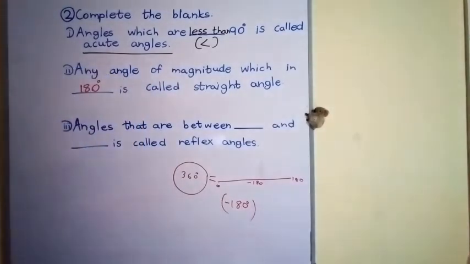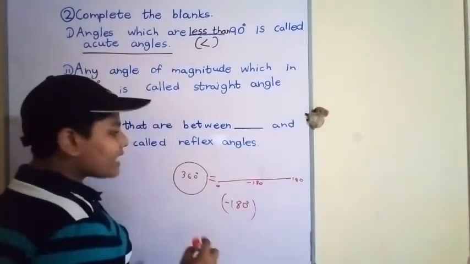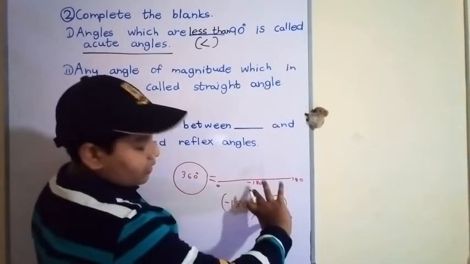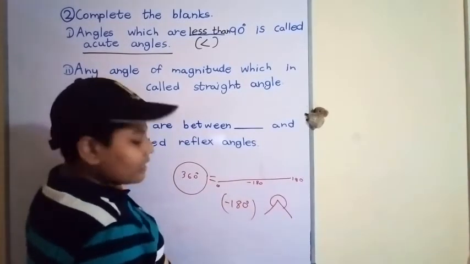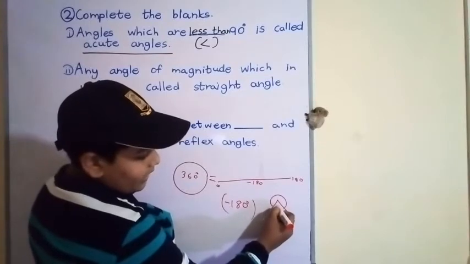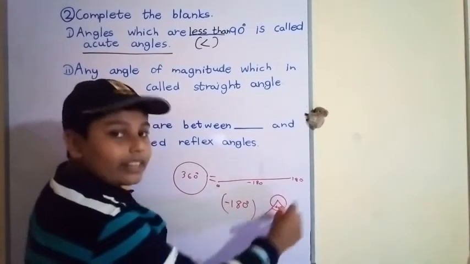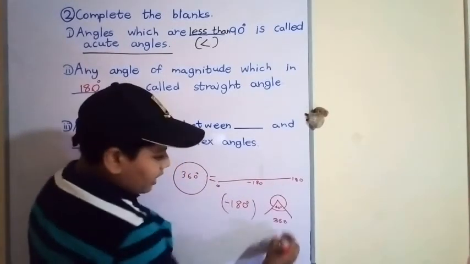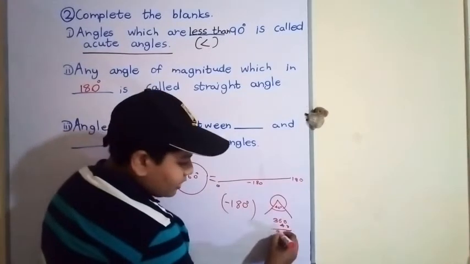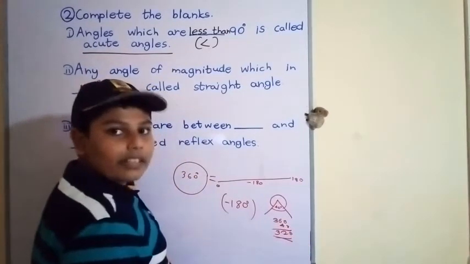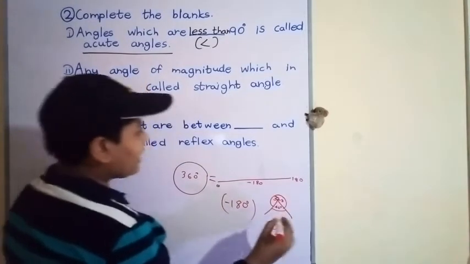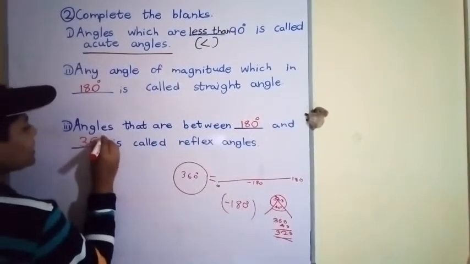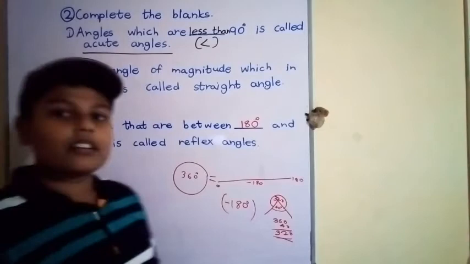For a reflex angle, look at the opposite side. Here the angle is 40, and the full circle is 360, so we subtract: the answer is 320. The angles between 180 degrees and 360 degrees are called reflex angles.